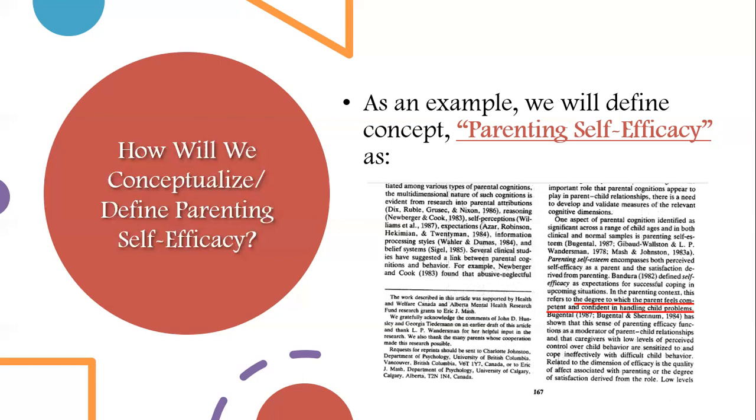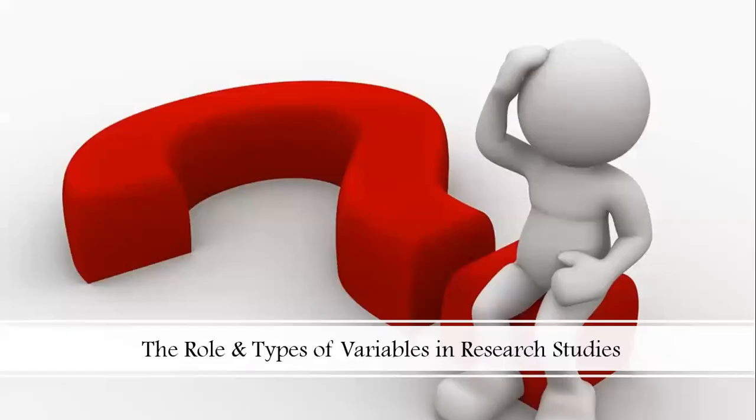I found it in the research literature that I was reviewing in preparation for conducting this study. I looked at studies of parenting self-efficacy, and I also looked at measurement tools that measured parenting self-efficacy, and I found a definition in the literature that fit my purposes. So we're not just making up definitions here. We want to find definitions within the research literature that help us define the variables in our study.